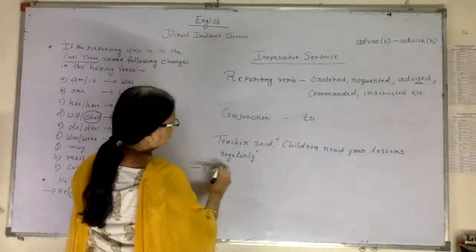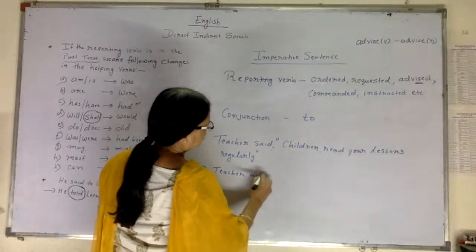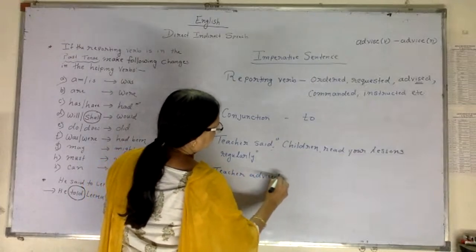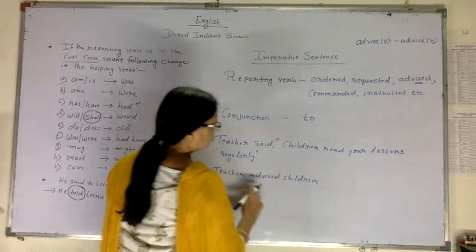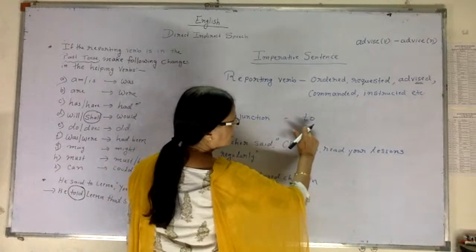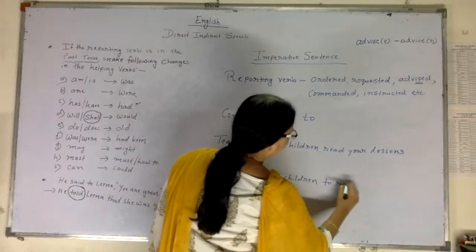So how will it read? The teacher advised children. Whom did she advise? Children. Now here the conjunction we are using is "to," so: to read.